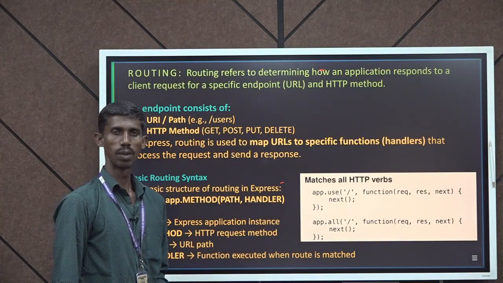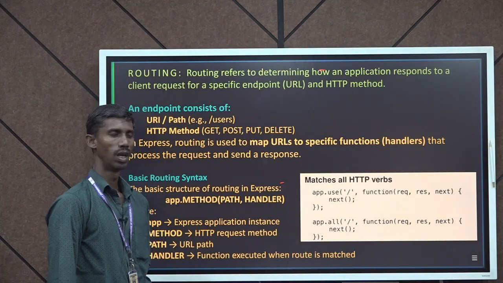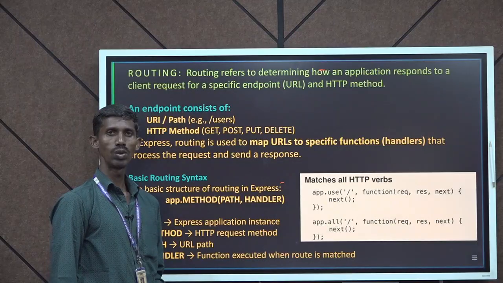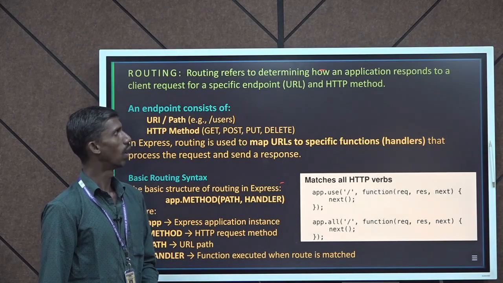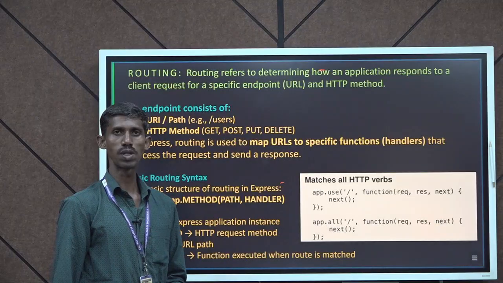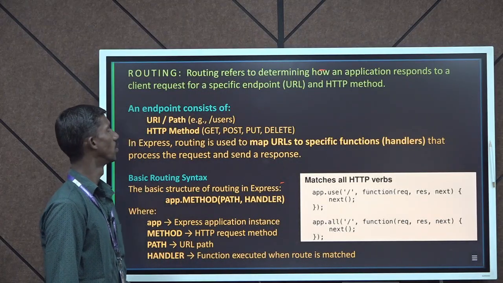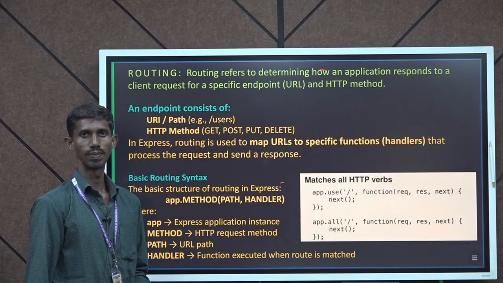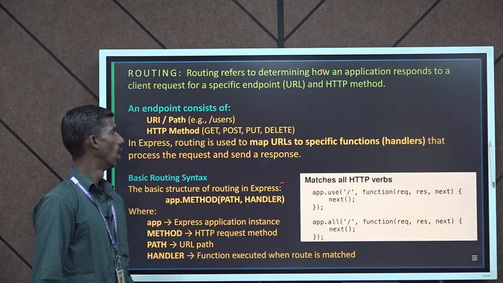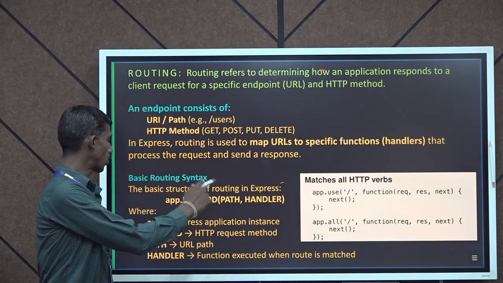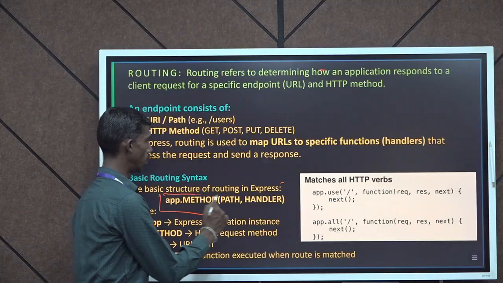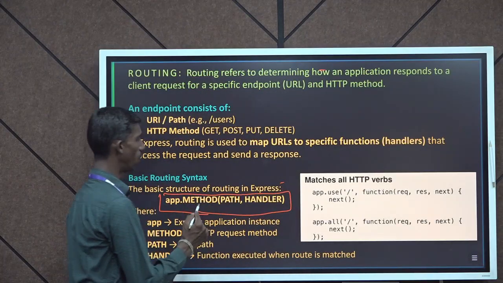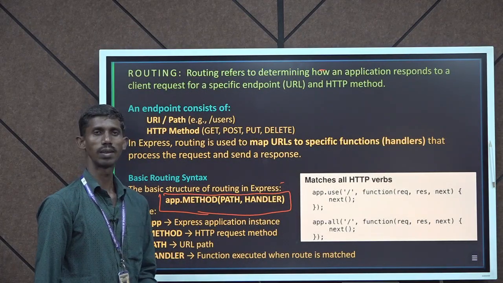The next subtopic, routing. We already told you that routing refers to determining how an application responds to the client request for a specific endpoint. The syntax for routing is just like app.method(path, handler).